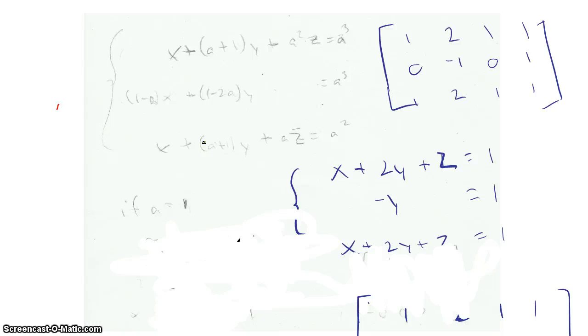I had an error in it. So when I replace a with 1, now a is a constant like we wanted it to be. So 1 plus 1 is 2, so here that's why I have 2y. And everywhere I see a, I'm putting in 1. So 1 minus 1 is 0. 0 times x is 0, so I eliminate that x term.